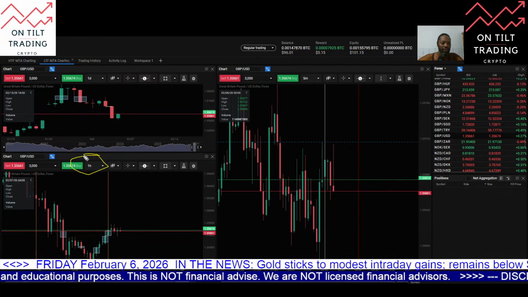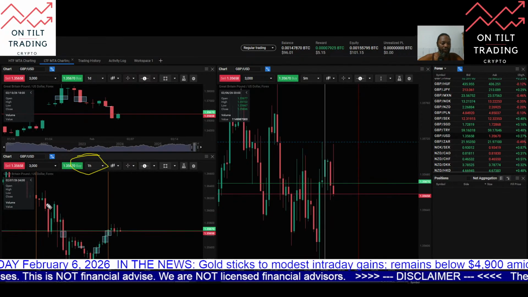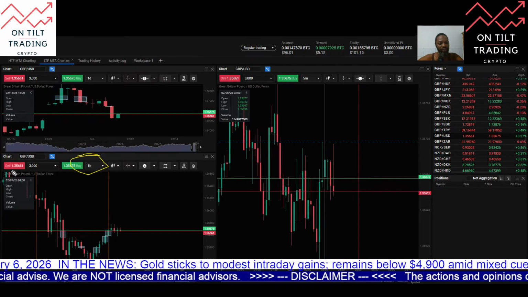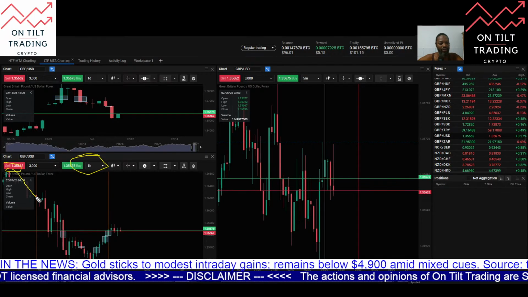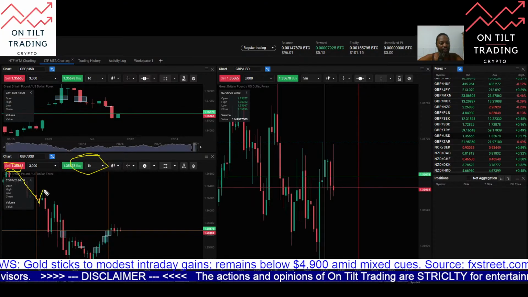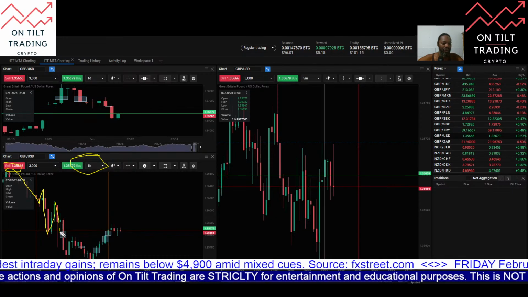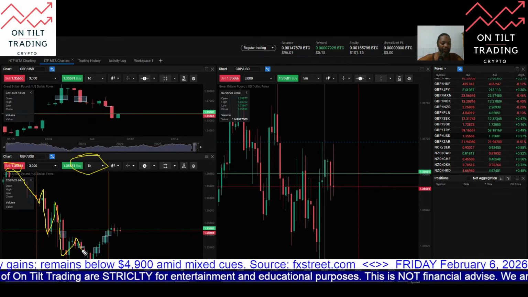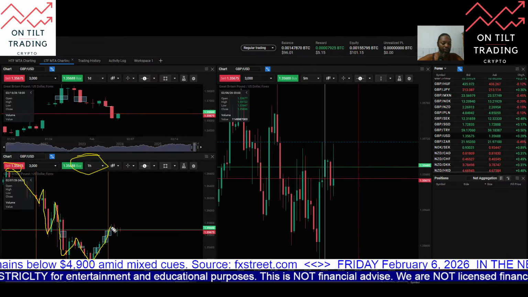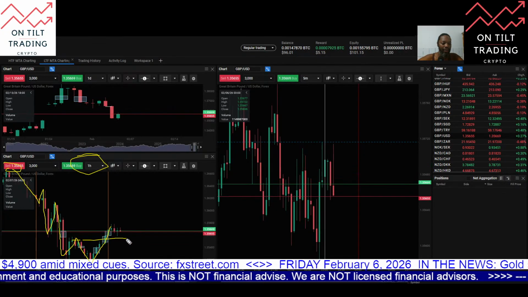And then here on the 1 hour chart, we can see price with a high back here, putting in a low, a lower high, lower low, lower high, lower low, lower high, lower low, and now putting in a higher high here.